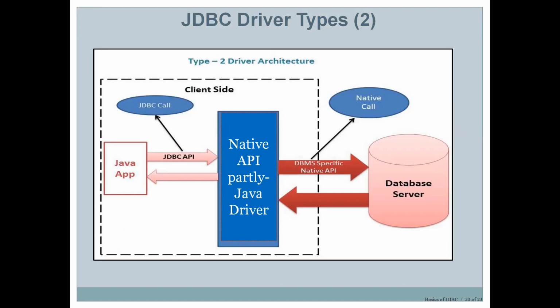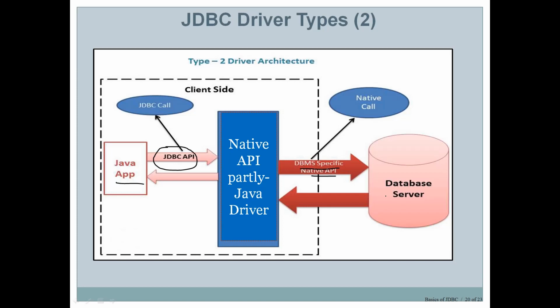In the diagram of the type 2 driver, you can see we have a Java application which sends JDBC API calls to the native API partly Java driver, where this driver converts these calls into DBMS specific native API calls, that is, native calls to the database server.